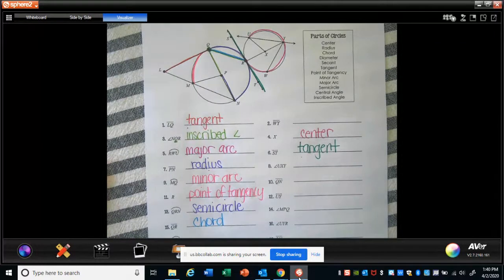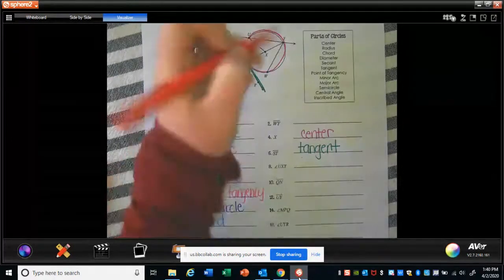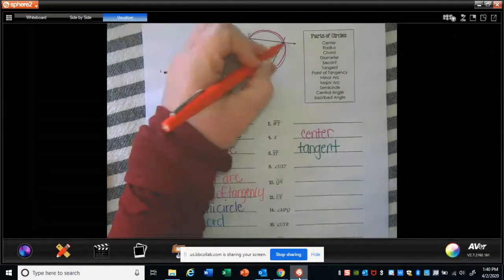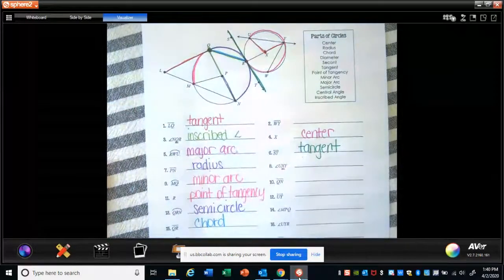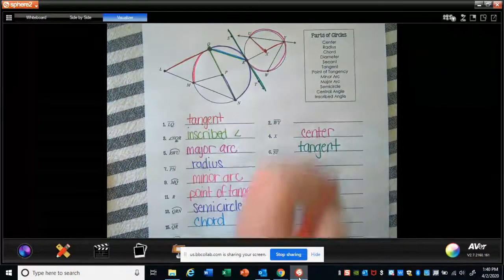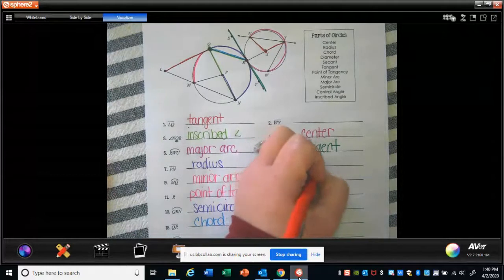So angle UXY. If we find angle UXY, that's in the smaller circle. Notice that X is the vertex. That's the letter in the middle. It's at the center of the circle, so that's called a central angle.